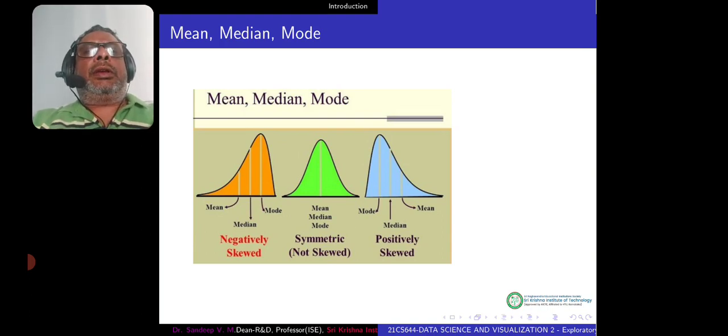So if we compute the mean, median, and mode, and all of them are equal, then we can say that it is symmetric. If they are not the same, then it is skewed.